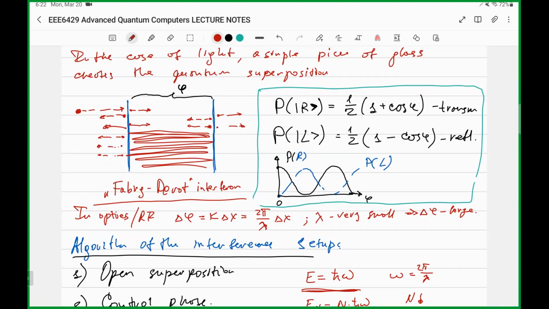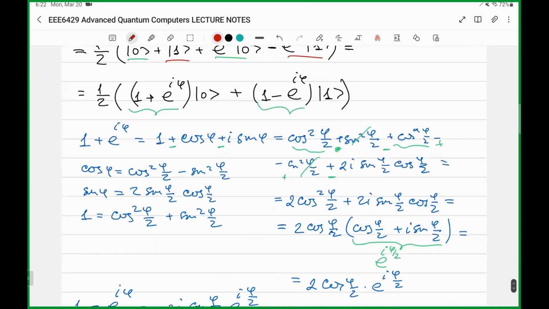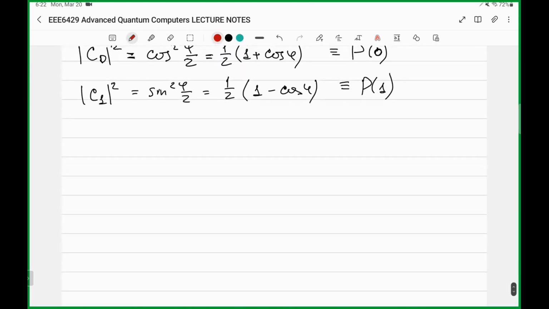Physically, it is just a slab of some dielectric, like a slab of glass. Any slab of glass has two surfaces, right? The first and the second one, and any slab of glass is already an interferometer.